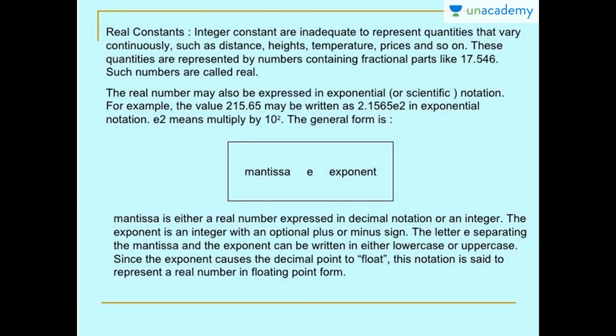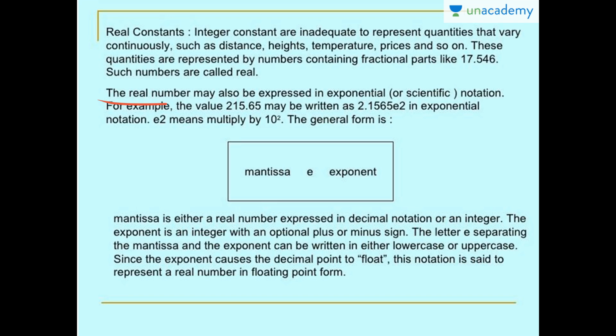Now next, what are real constants? Integer constants are inadequate to represent quantities that vary continuously, such as distance, height, temperature, prices and so on. These quantities are represented by numbers with fractions like 17.546. The numbers with decimals are represented with real constants.